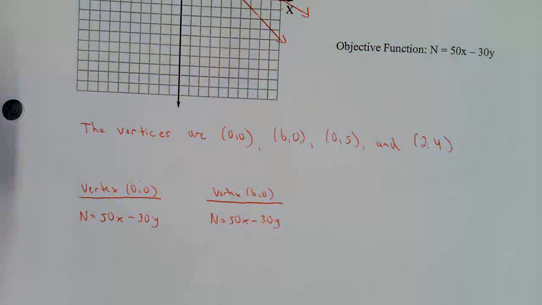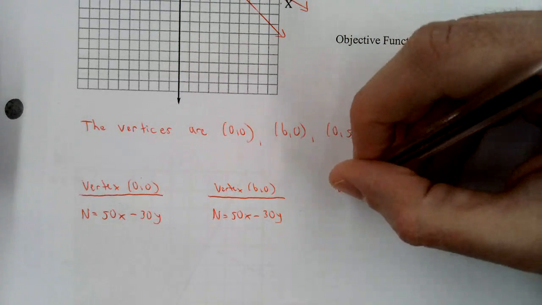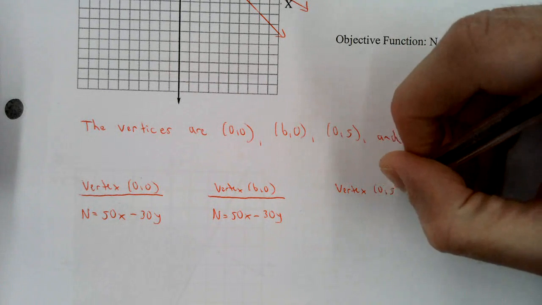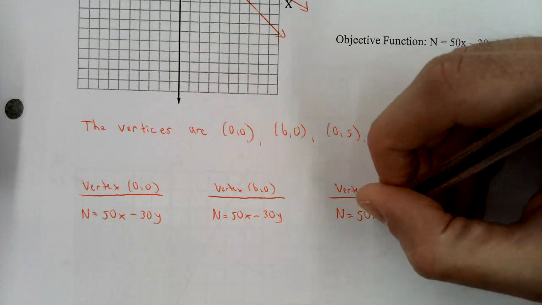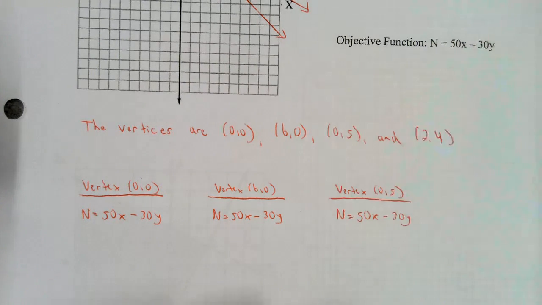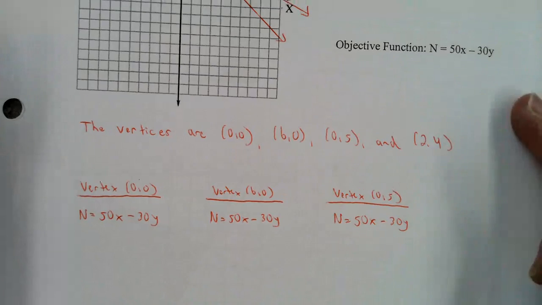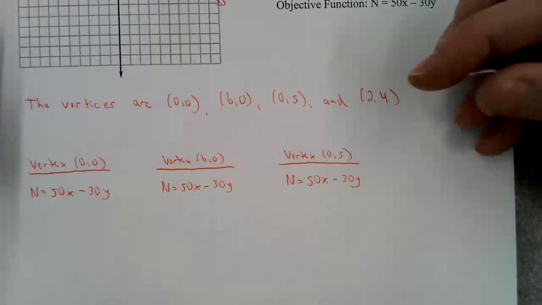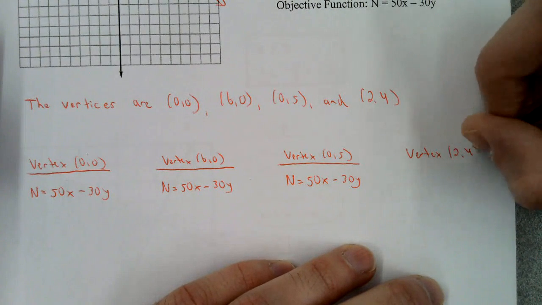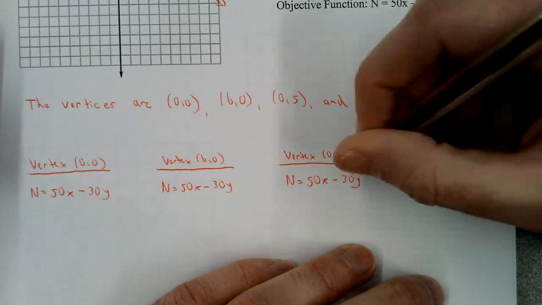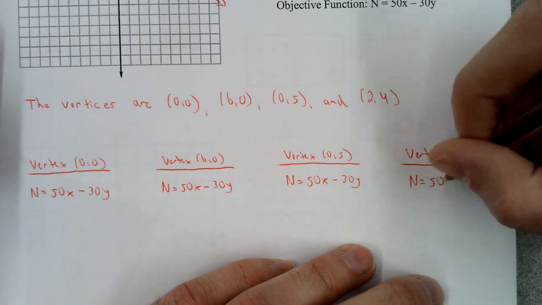Then we have 0, 5. Then the last vertex is 2, 4. Let's copy all this down now and get it over with. You don't have to recopy the objective function each time if you don't want to. I'm just doing it for the video.